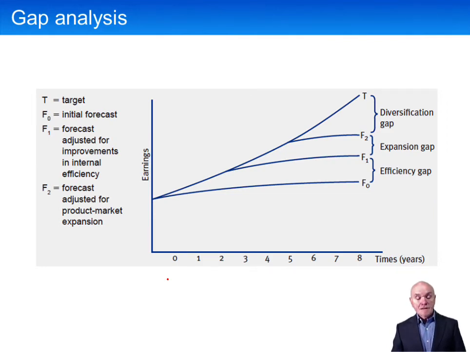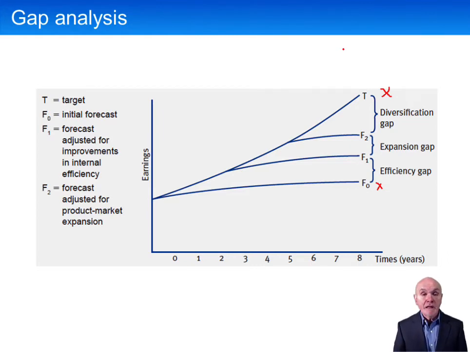Gap analysis. Gap analysis looks at the difference between what we will be doing if we go along more or less as expected without any big changes, and maybe what our bosses or our stakeholders want us to do, which is up there, the target. We have a gap and we have to try and fill that in some ways. There's different ways of categorizing it.